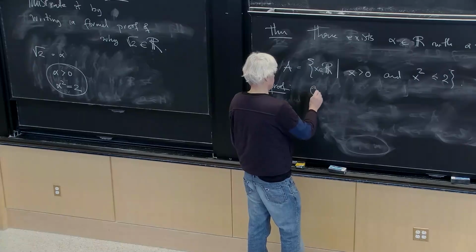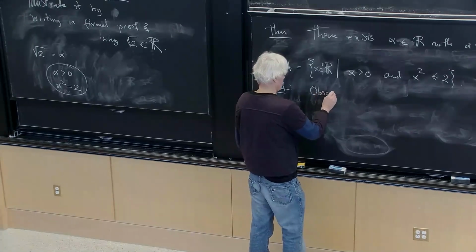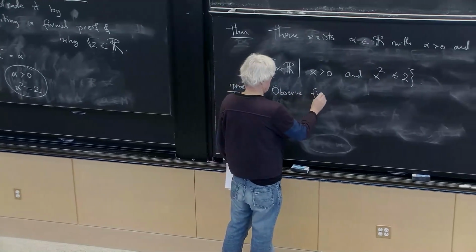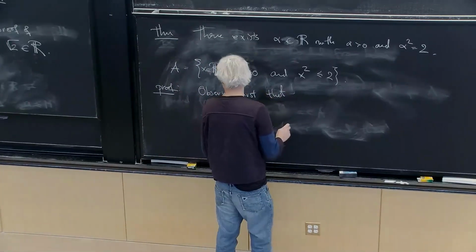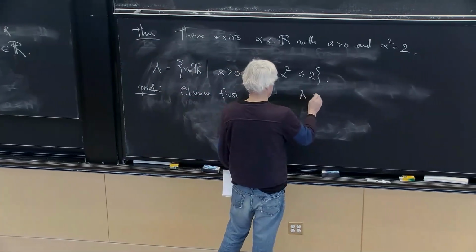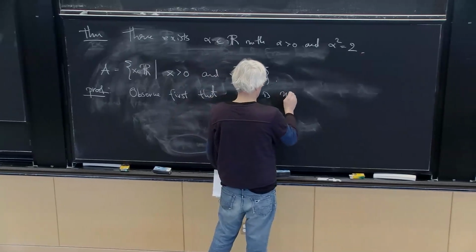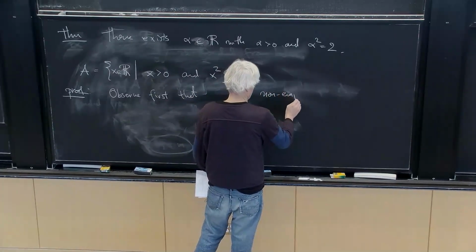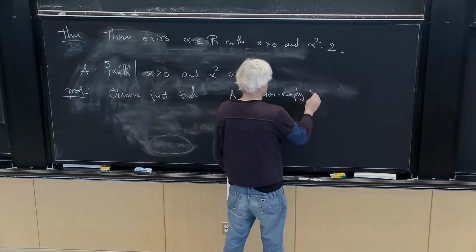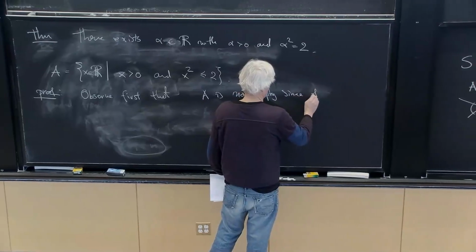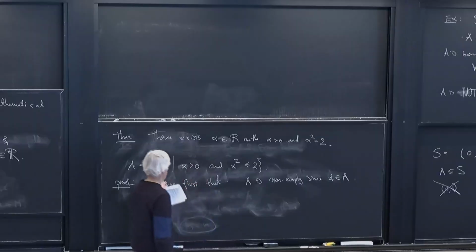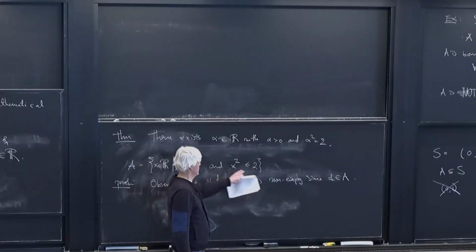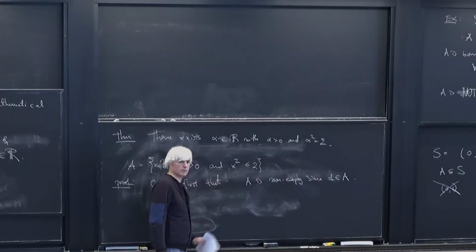Observe first that A here is non-empty since 1 is in A. 1 is positive, and when you square 1, you get 1, so this is definitely less or equal to 2.